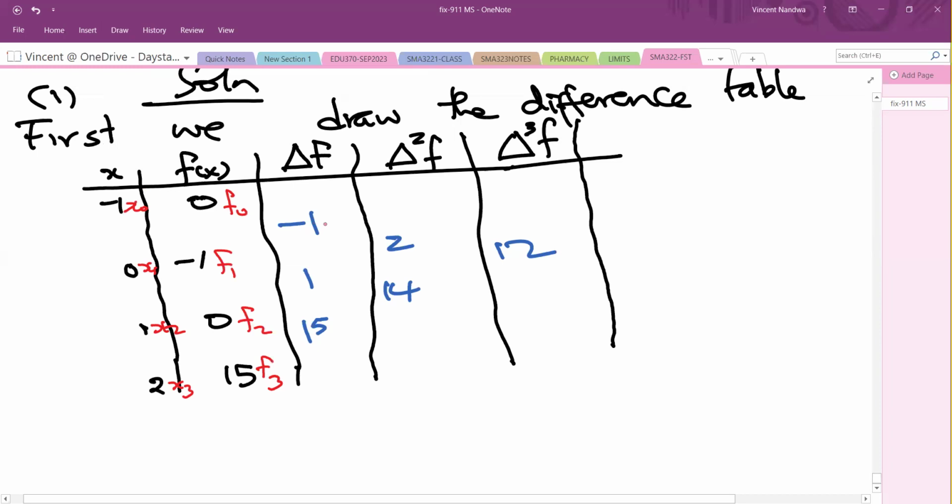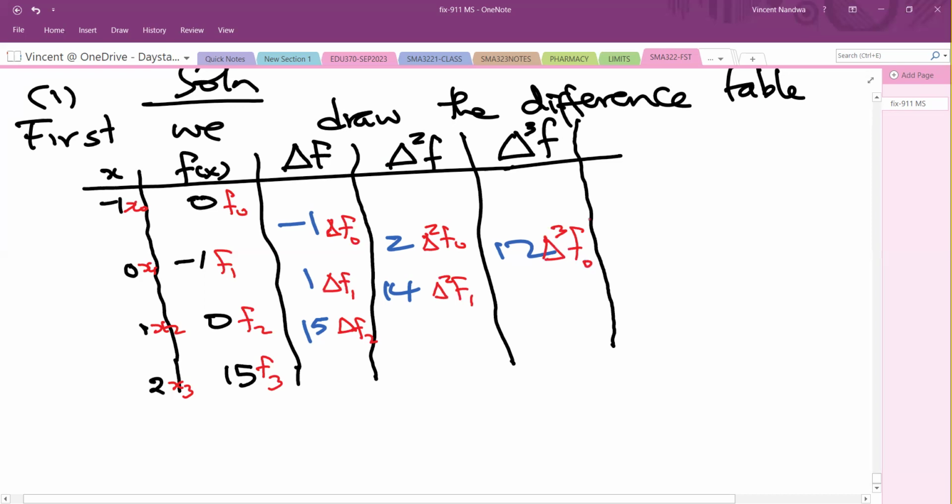Then this will be the forward of f naught, forward of f1, this is forward of f2. Then this is second forward of f naught, this is second forward of f1. And this is the third forward of f naught.